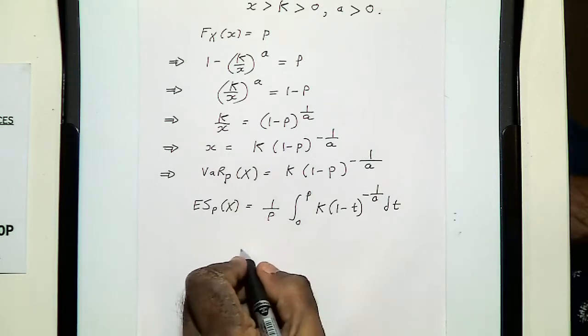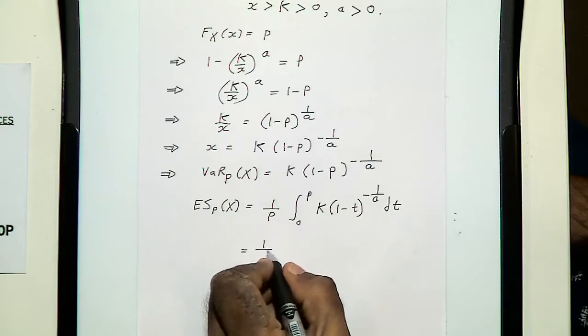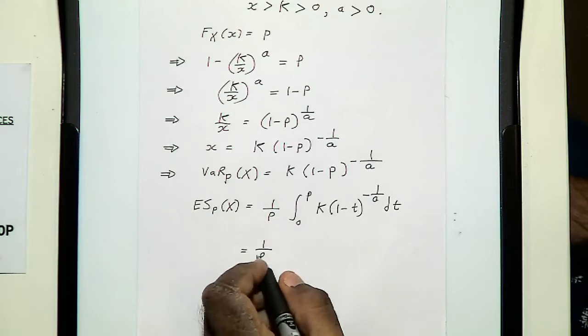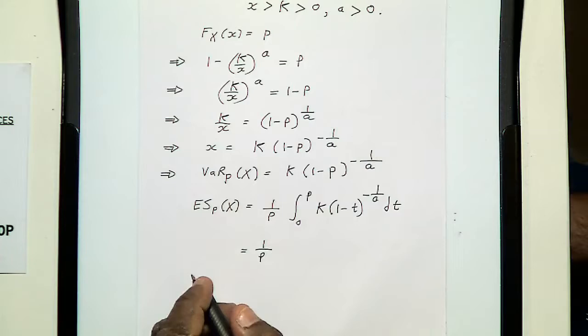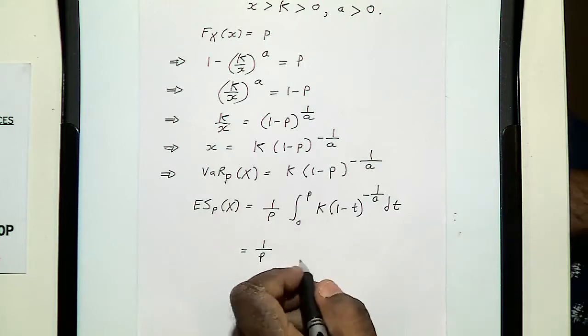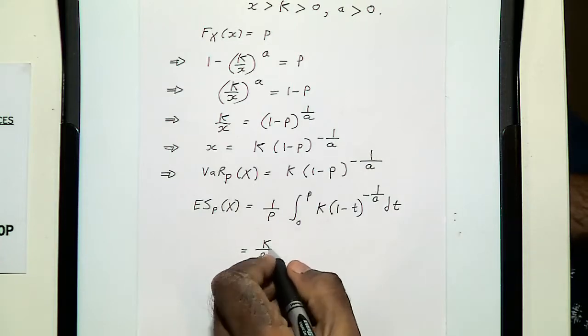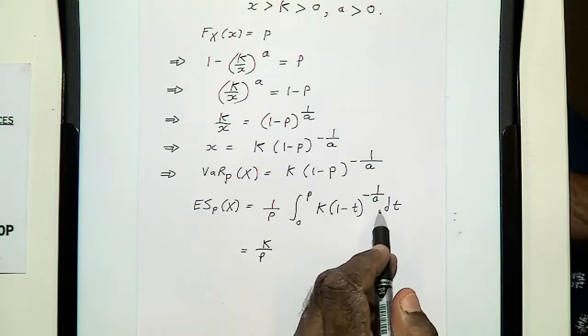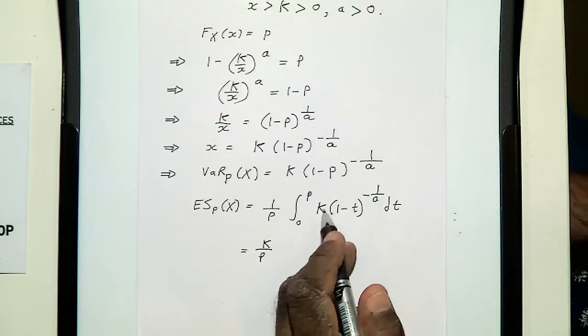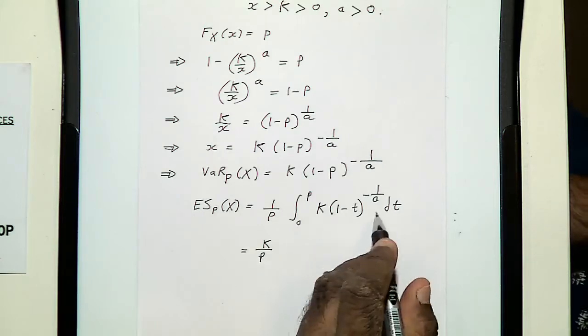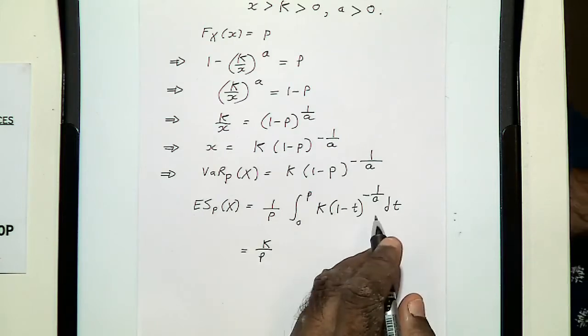Here you have to be a little careful because it depends. Okay, I will explain in a minute. I know this is not in the solution, but when a is equal to 1, what you have is 1 divided by 1 minus t, and the integral of that is log. So for the moment, let's assume that a is not equal to 1.